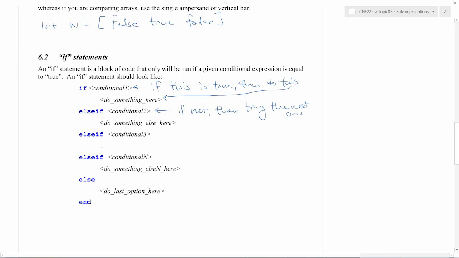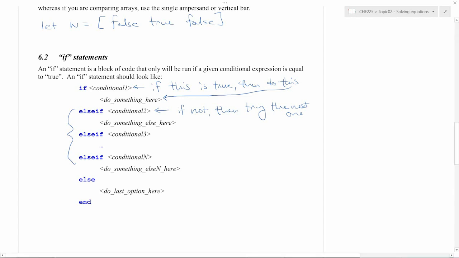And so if that first statement that you gave it at the top is not true, then you can ask Matlab to try a second statement by typing else if and then giving Matlab another conditional. And so on and so forth. And so what you can have is you can have multiple things that you want Matlab to try. And the way you do that is by typing an else if and giving it more and more conditionals.